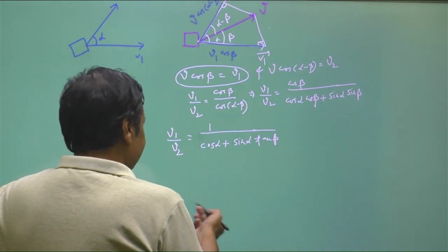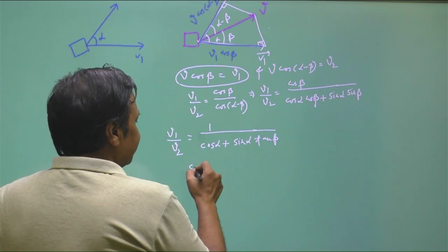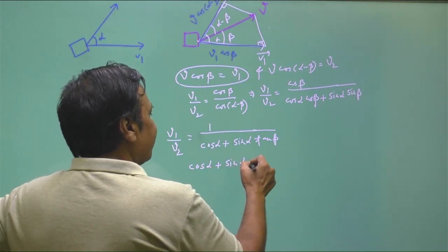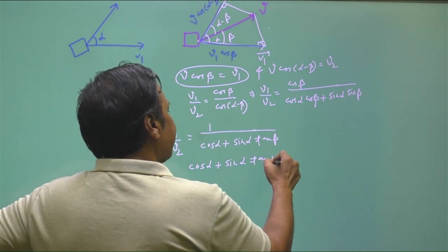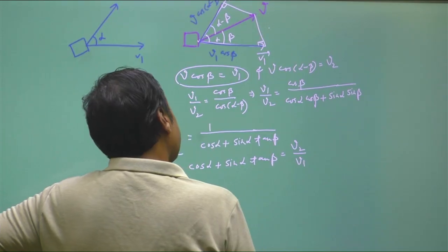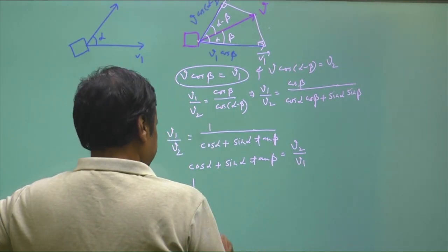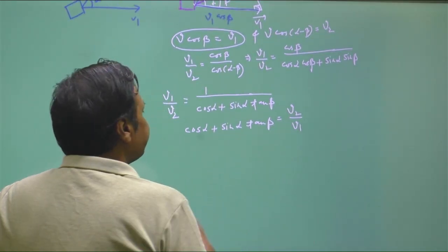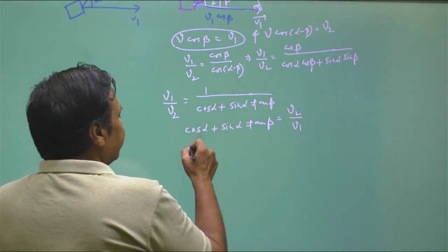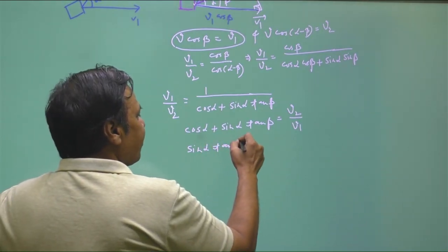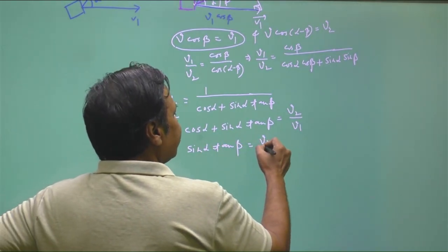I should write cos alpha plus sin alpha tan beta equals v2 upon v1. Then I can write sin alpha tan beta equals v2 by v1 minus cos alpha.